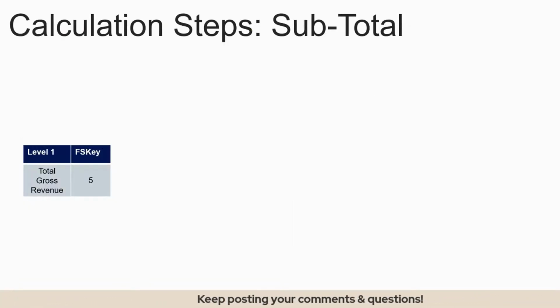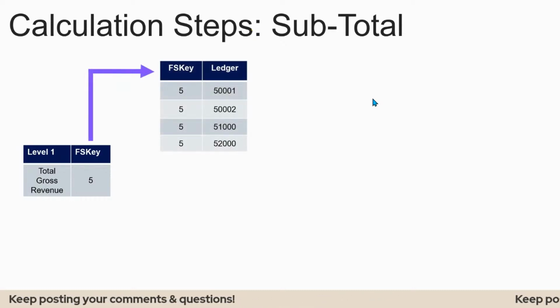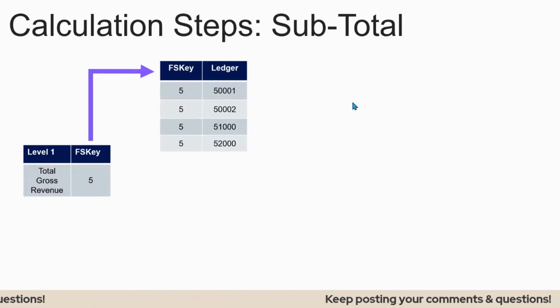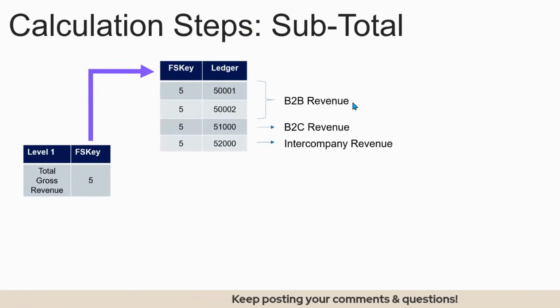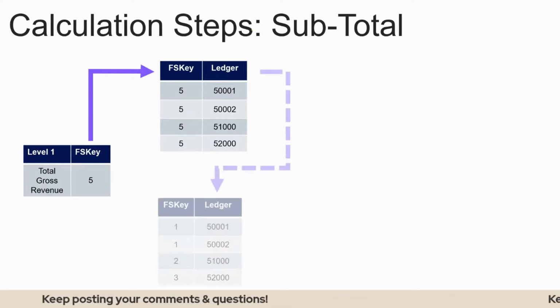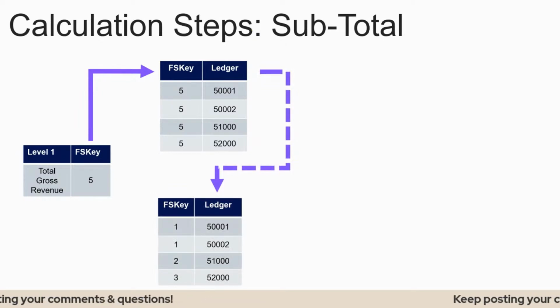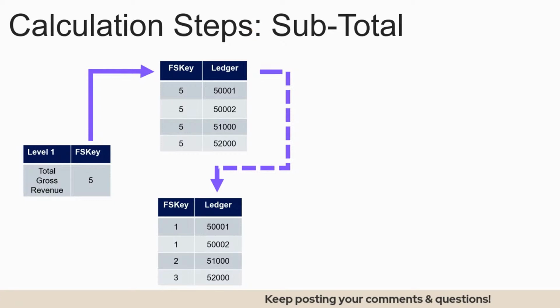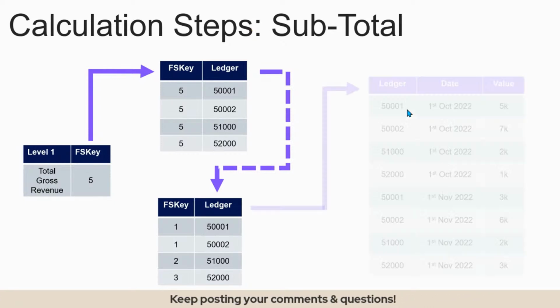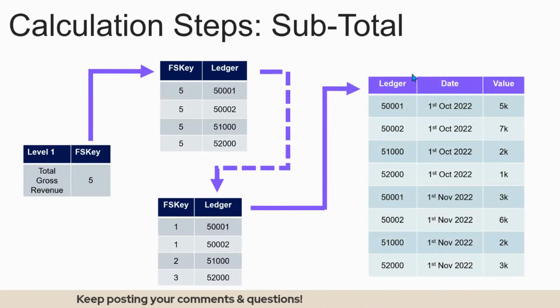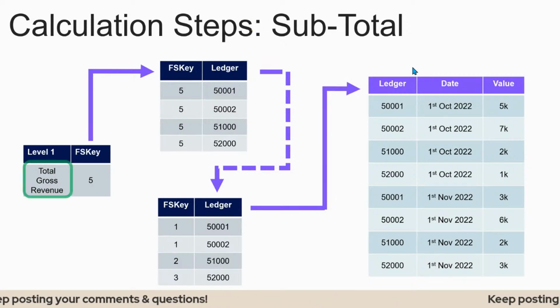So we have an item such as total gross revenue, and that is related to 5 different ledgers for B2B, B2C, and intercompany. This calculation logic table that we've got within our model then creates a virtual relationship to tell us which ledgers to retrieve, and that then links through to the actuals.